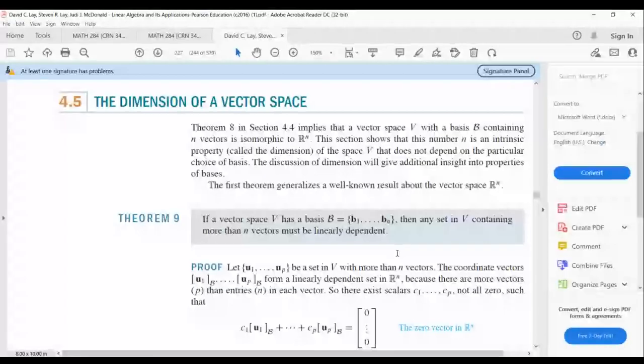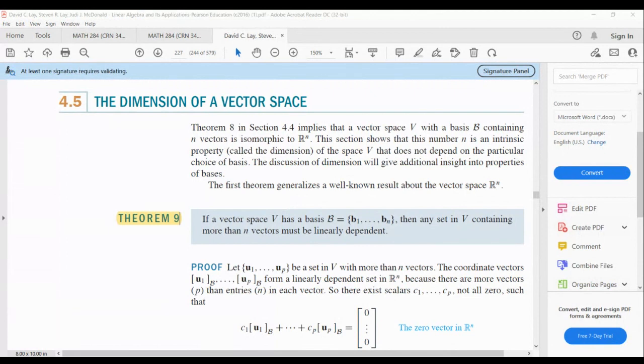And here they mention that if a vector space has a basis, and you have a set in the vector space that contains, hold on here, maybe I'll highlight it. I'm looking right here at theorem 9.